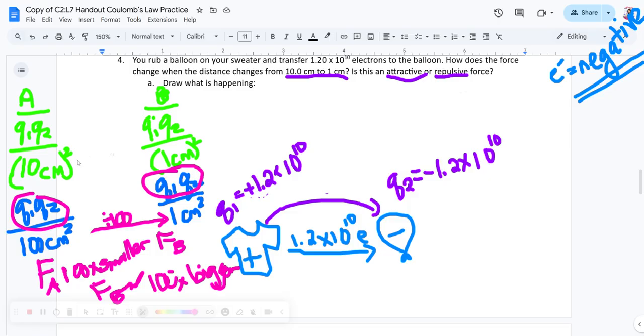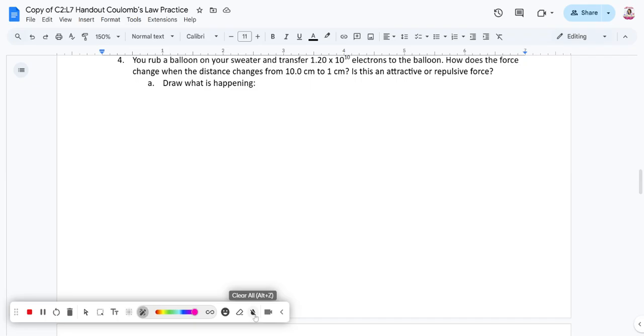So that is also how you are solving part B. We're just putting it in this blank space because we're talking about it, right? So this is how you would explain visually and through mathematics how you know that your force is 100 times bigger in scenario B. So that's the way you want to think about it.